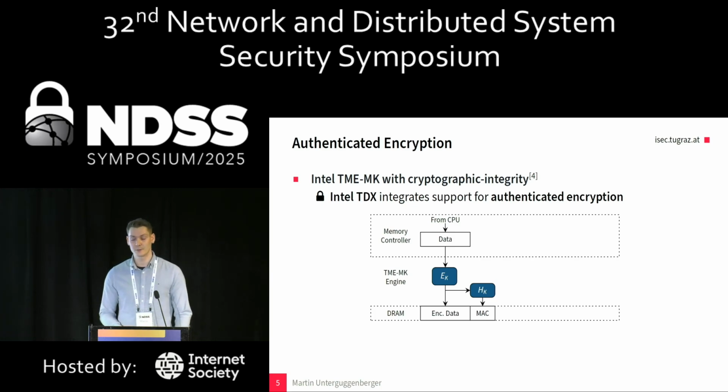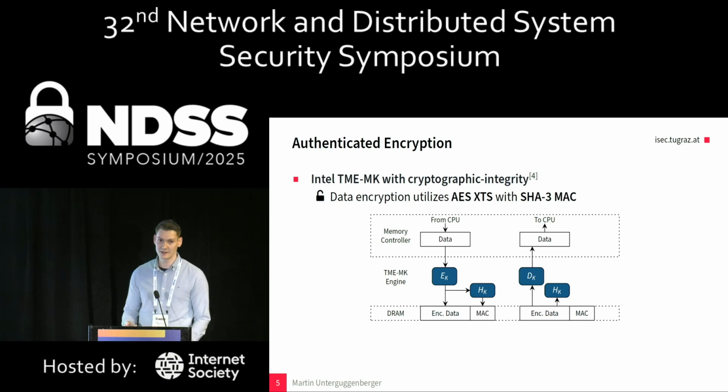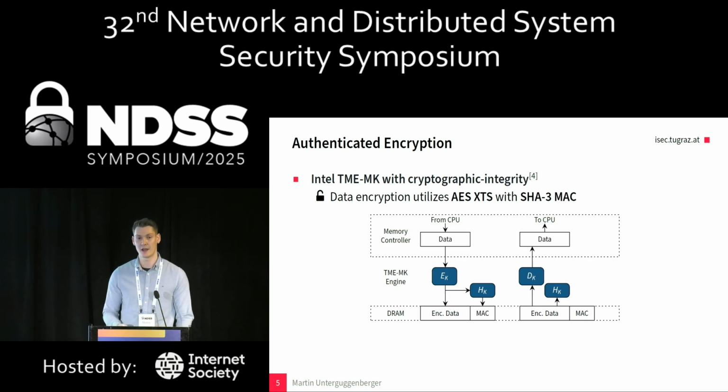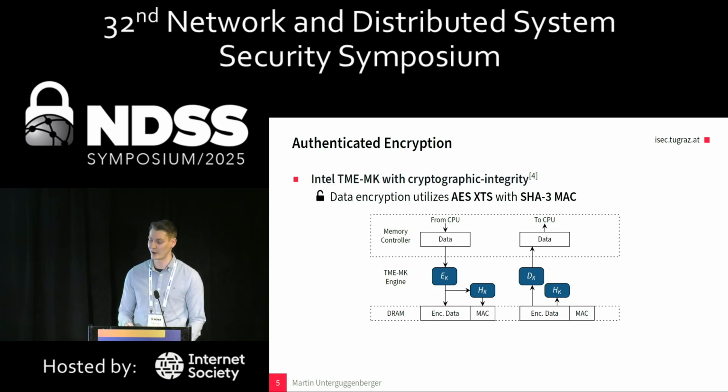In addition to that, with the introduction of Intel TDX, Intel's confidential computing platform, additional support for authenticated encryption was added. This means that we have data encryption with AES-XTS and a SHA-3 MAC for cryptographic integrity. When data is stored into memory, we first encrypt the data, and then we calculate a MAC and store both in the DRAM.